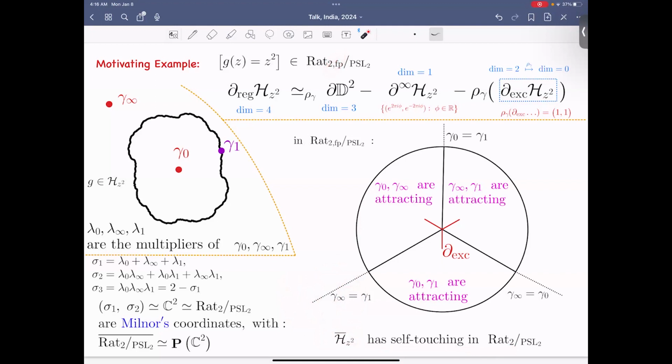So this is Milnor's approach, and this breaks symmetries for hyperbolic components. But in the space of rational maps, we can introduce this type of coordinates, Milnor's coordinates, and then they can be used to compactify the space of rational maps by compactifying C-square.